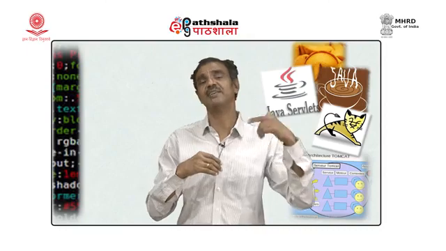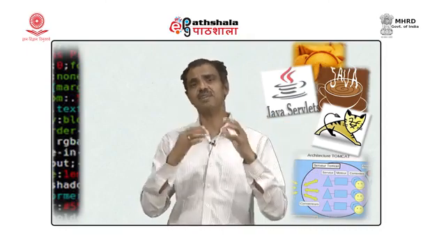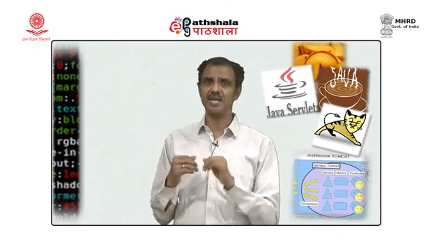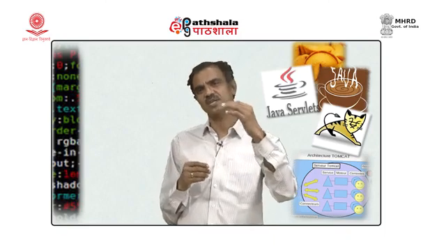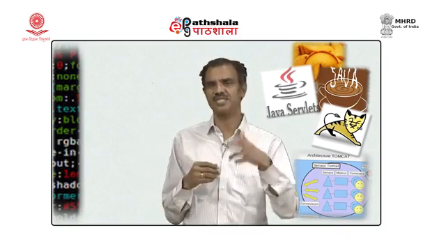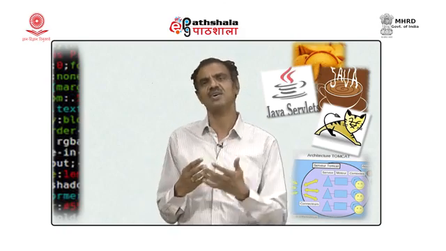So we have a tag developer. The tag developer defines certain classes and also creates a TLD file which gives a name to the tag which is defined using a Java class. So we have a Java class which is used for defining a tag.